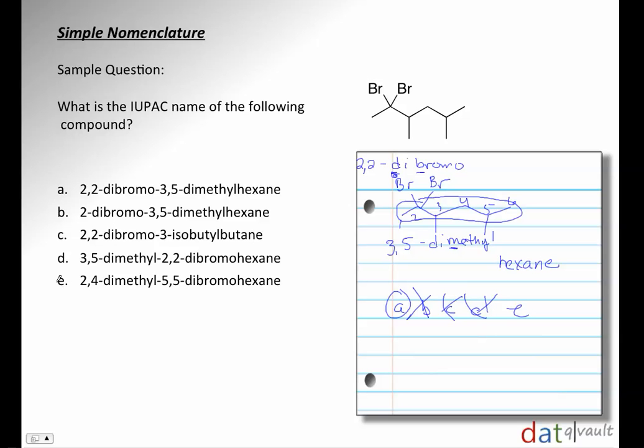In this example, E, we find that they start numbering from the right-hand side of the chain to the left-hand side of the chain. So we can X that one out for sure. So now, eliminating all the other ones and having A match our initial answer, we can for sure call A the correct answer in this sample IUPAC naming question.